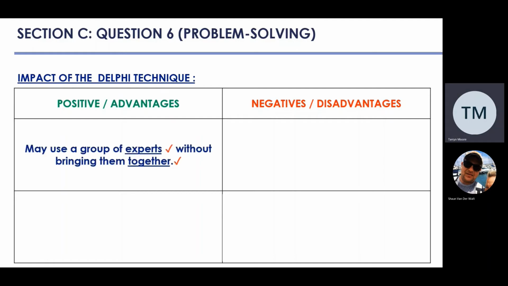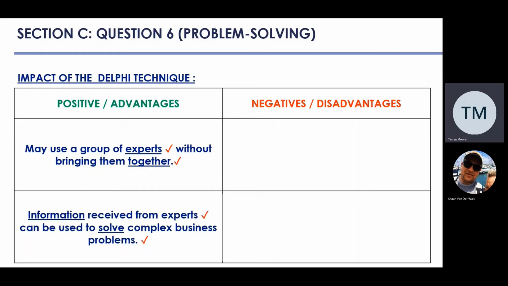From a positive perspective, I'm using experts. So I make use of the group of experts without bringing them together. Information received from the experts can be used to solve complex business problems. And this is where the key aspect comes in.